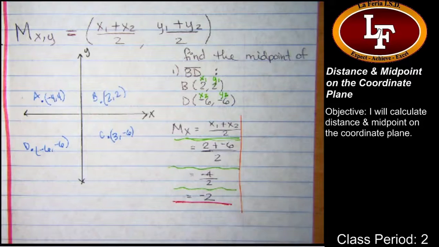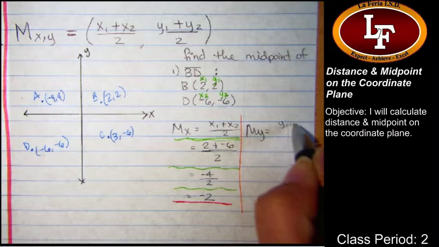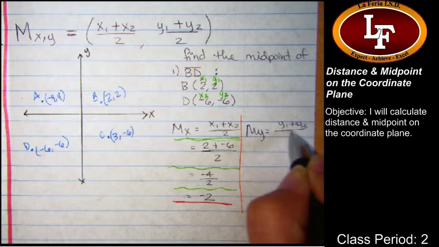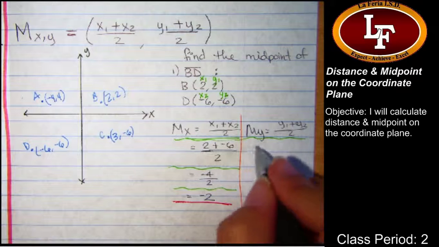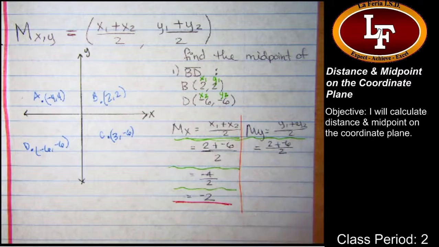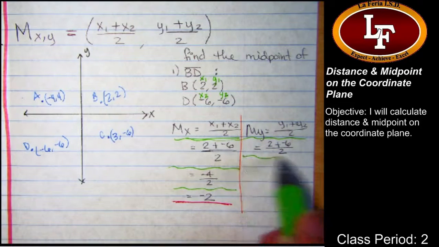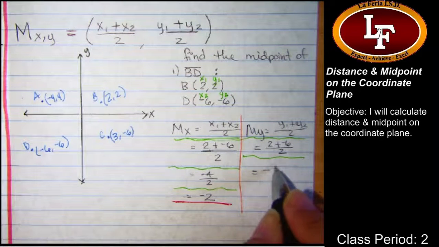We have our x. Let's go find our y now. Same process, but now you're using the y coordinates, y1, y2. 2 minus 6 is negative 4.